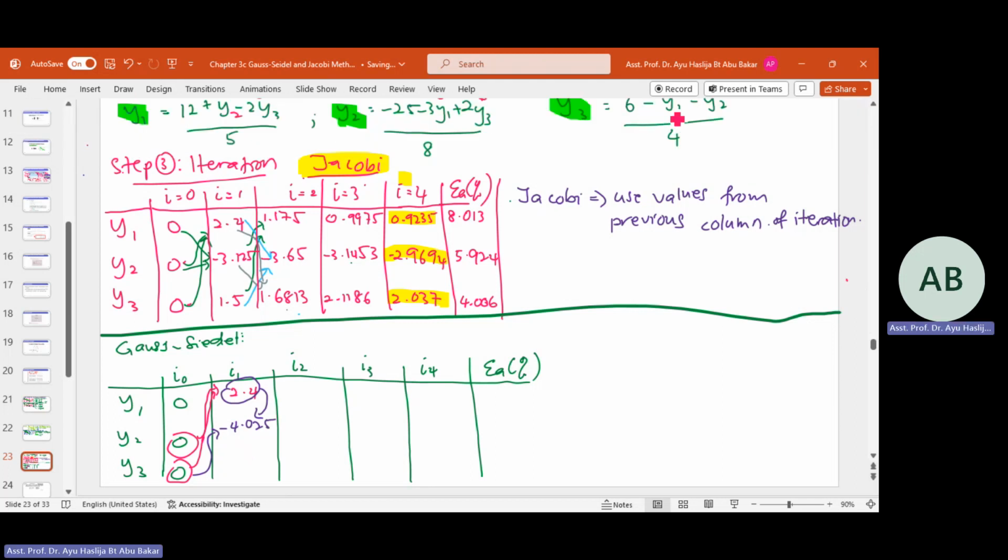To calculate y3, we need y1 and y2. So the latest value of y1 and y2, which is 2.4 and the negative 4. Then using these values, calculate y3.